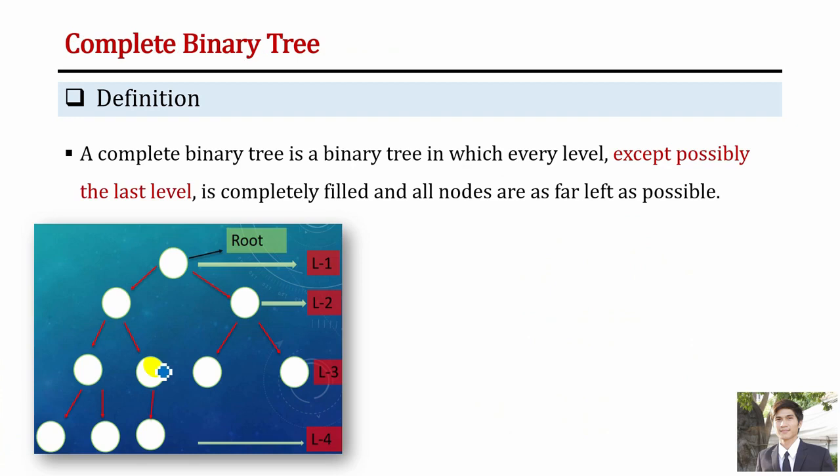And the complete binary tree is a kind of binary tree in which every level except the last is completely filled and all nodes are as far left as possible. What this means is that except for the last level, it must be completely filled.